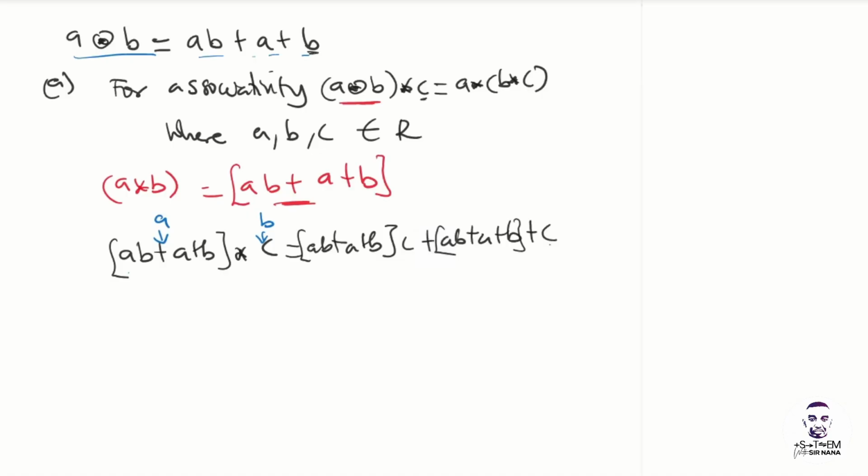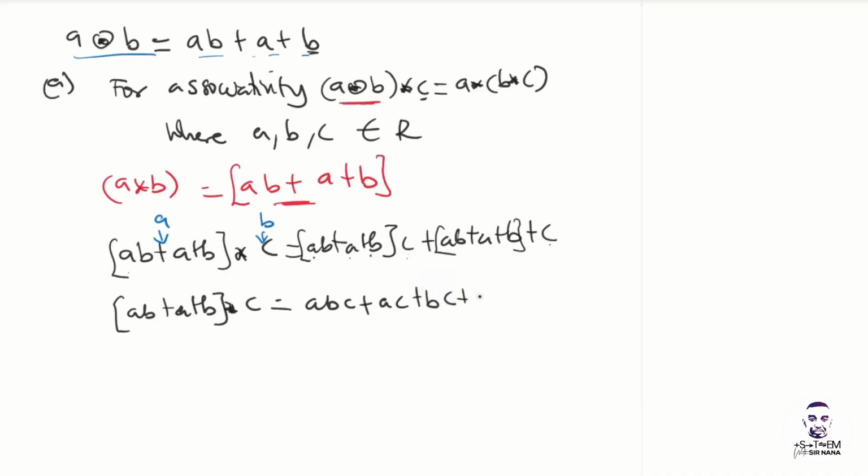So now we want to expand this. Our AB plus A plus B operation C will be equal to, when we expand, we multiply A times B multiplied by C, which gives us ABC. Then plus A times C, which gives us AC. Then B times C, which gives us BC.